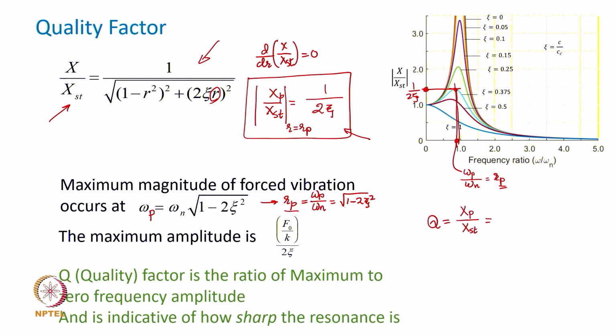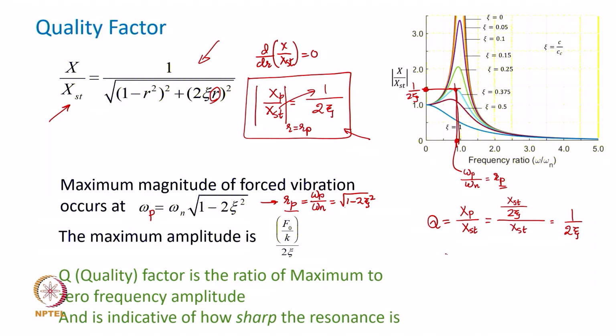Now, we have already shown the expression for xp is xst over 2 zeta, use this to get xst in the numerator here, divided by xst. So, obviously, this basically is 1 upon 2 zeta. So, quality factor q is given by the expression 1 over 2 zeta. So, smaller the damping ratio, sharper will be the response, because the denominator becomes smaller and smaller, and then it will make this ratio bigger for a very low level of damping.